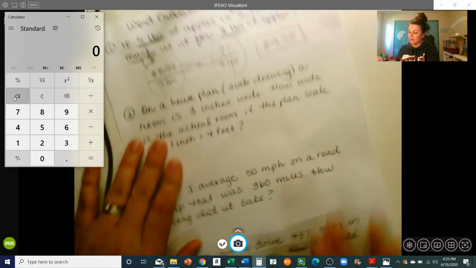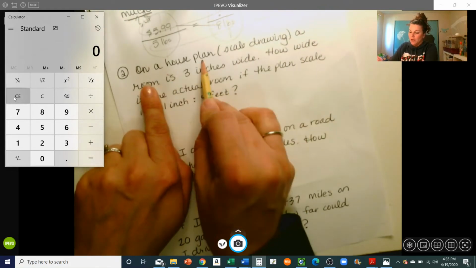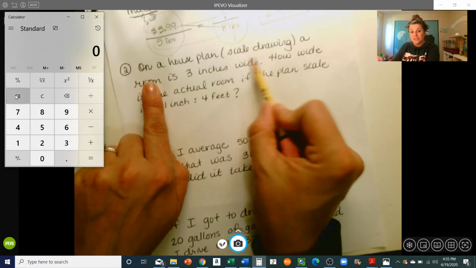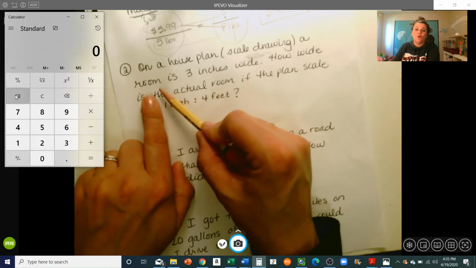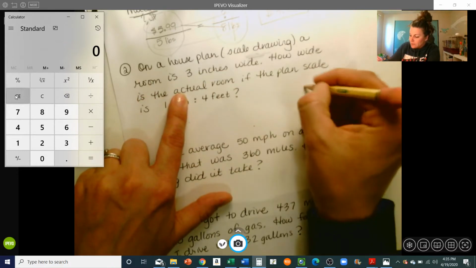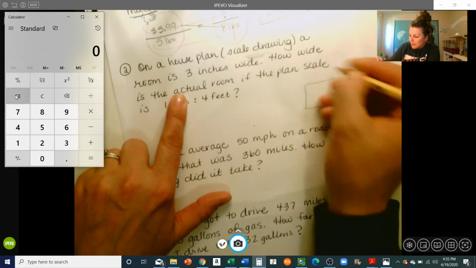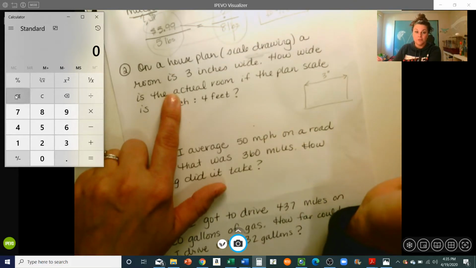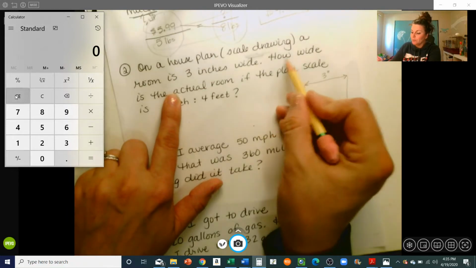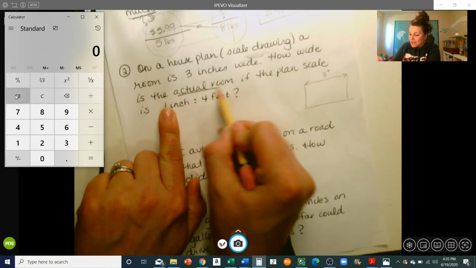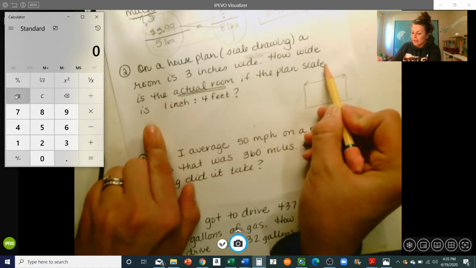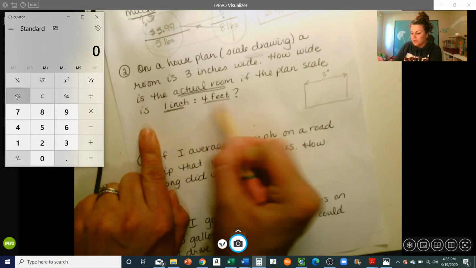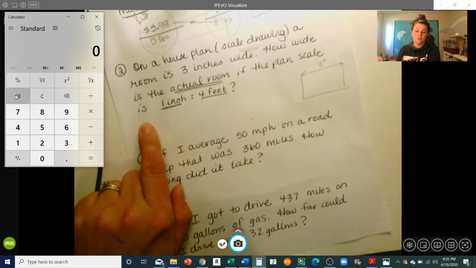Okay, next problem. On a house plan, which is a scale drawing, okay, a room is 3 inches wide. So let's say I have this room on my plan, and this is 3 inches on the drawing. Okay, how wide is the actual room if the plan scale is 1 inch to 4 feet?